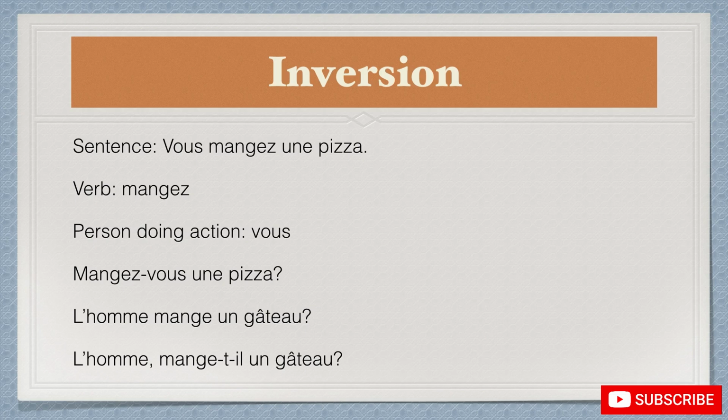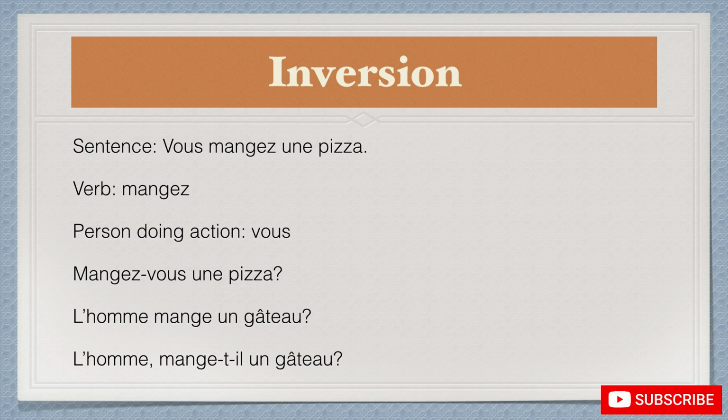Another way that's a little bit more complicated to make a yes or no question is called inversion. So for example, we have our sentence, vous mangez une pizza. If you isolate your verb there, manger, to eat, is our main verb, and then we pick out who the person doing the action is.